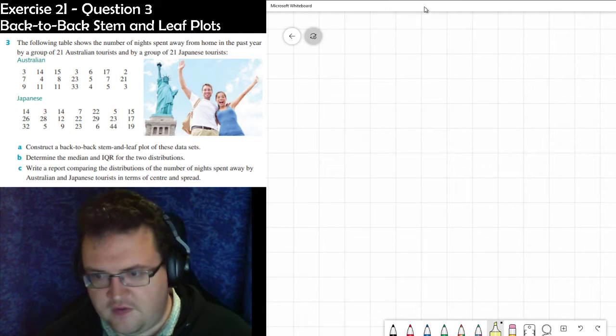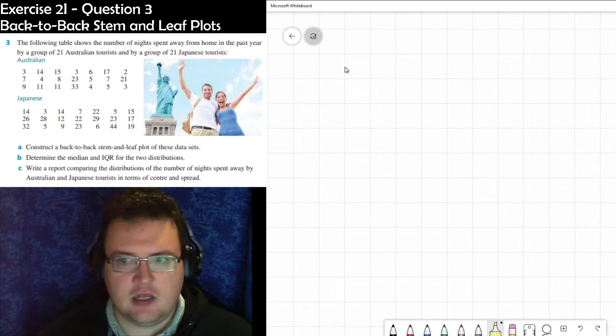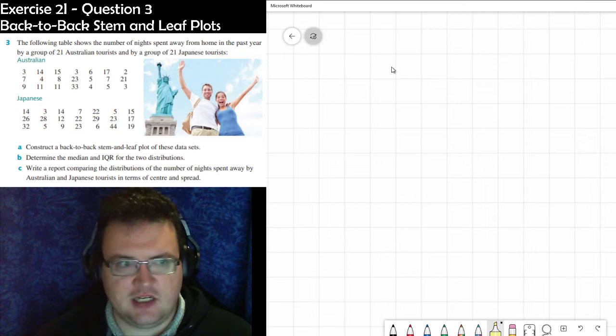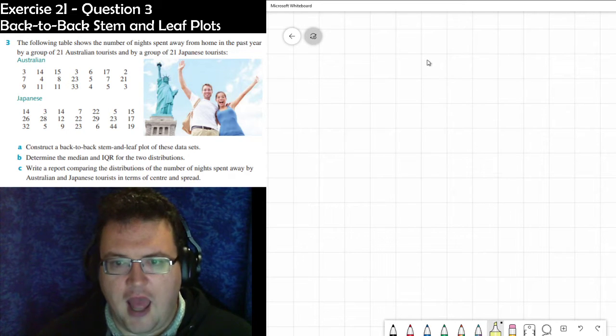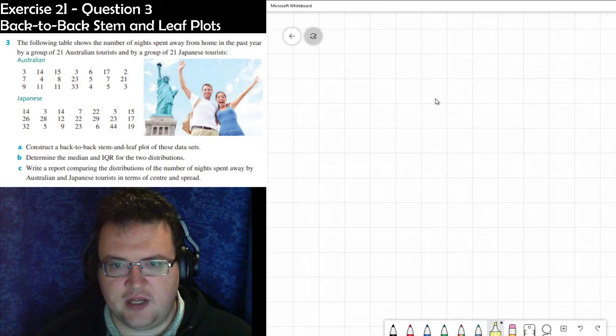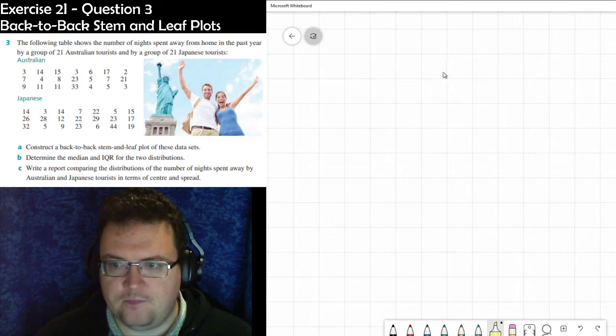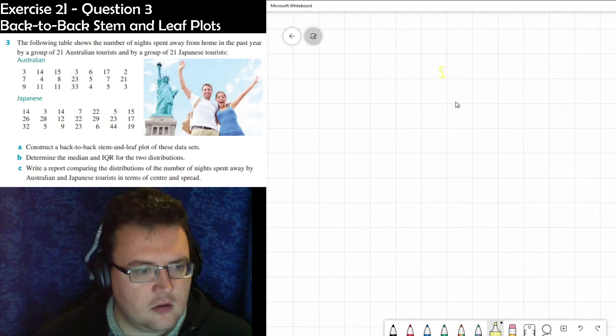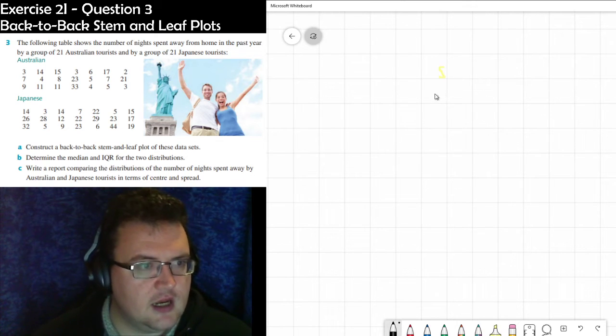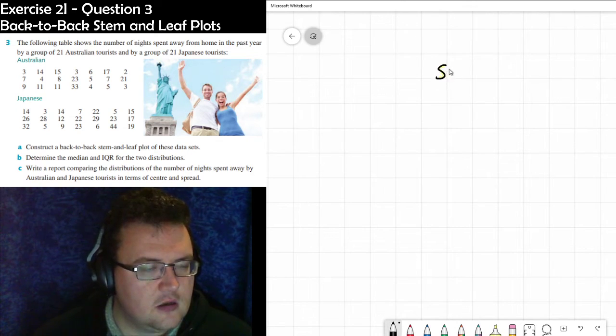Now, the thing about this data set is that we're going to need to create a back-to-back plot, and then we're going to need to have some groupings. So we're going to first of all create our stem. Use a darker color here. So this is the stem.